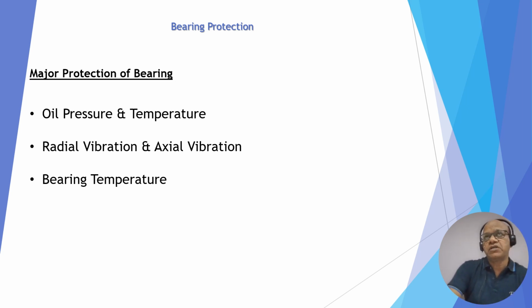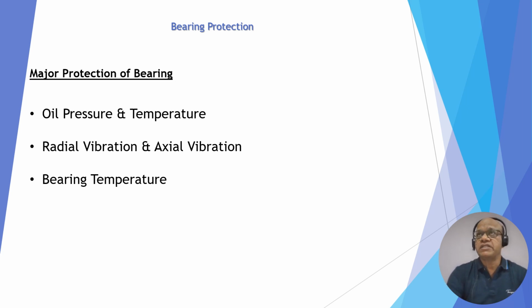indicates the flow, because once the bearing is designed, if you supply oil with certain pressure, it gives you flow depending upon the area of oil passes and differential pressure.